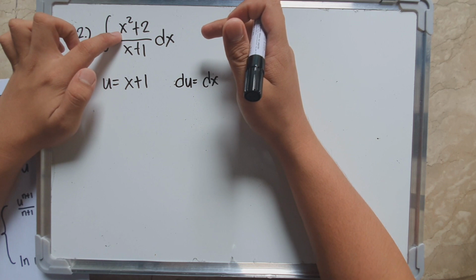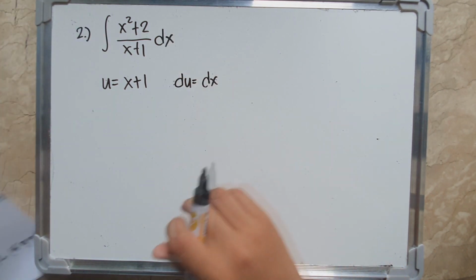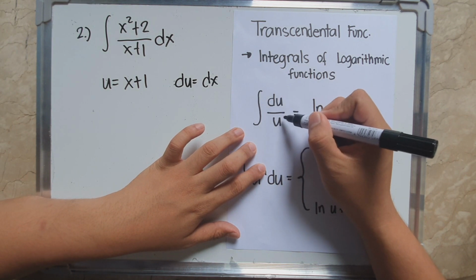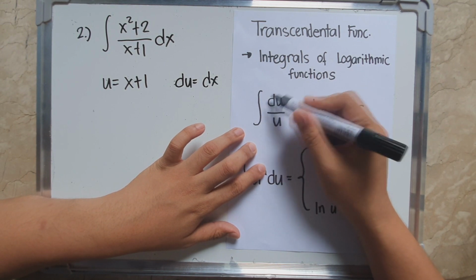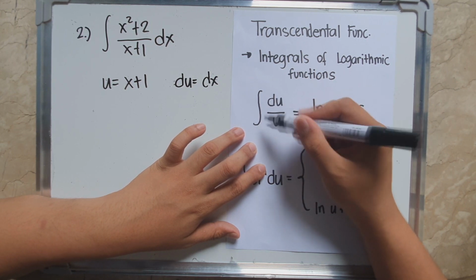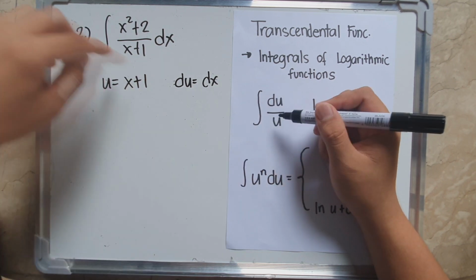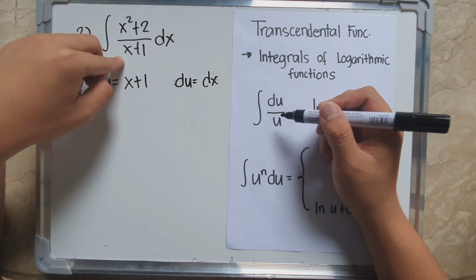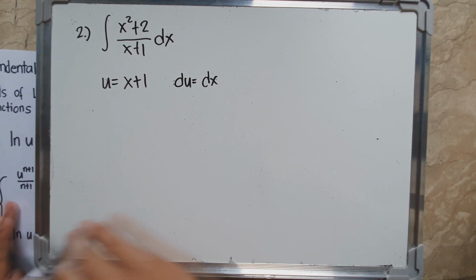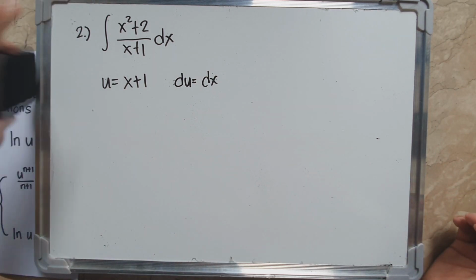So you cannot directly find a relationship between the numerator and denominator. So what we shall do is check the fraction first. The fraction right here is an improper fraction. So we will do algebra for this one first. So this is the wrong assignment.